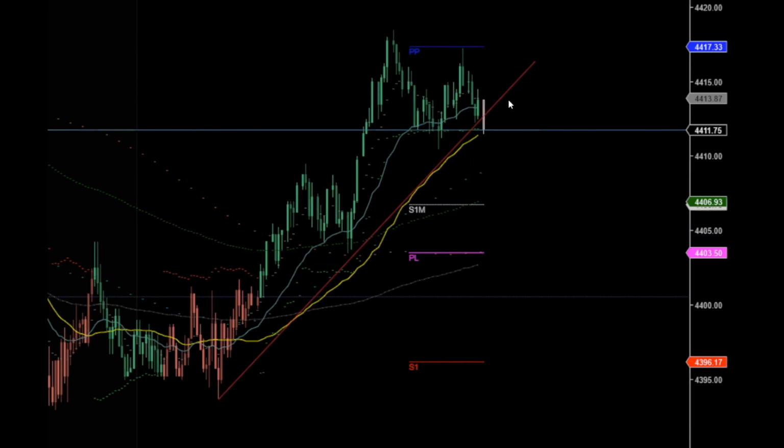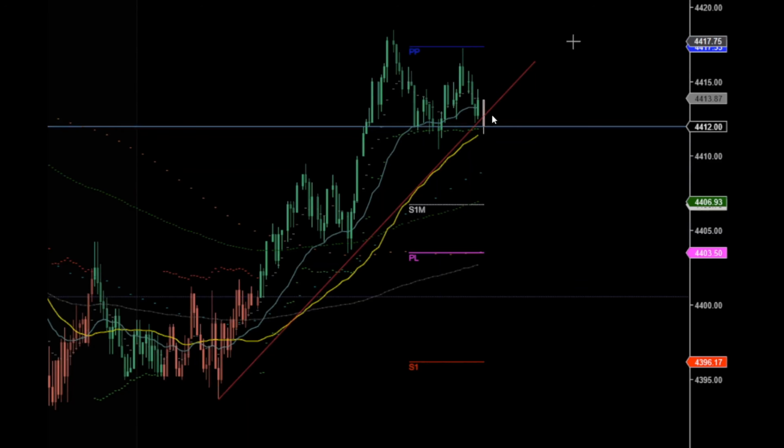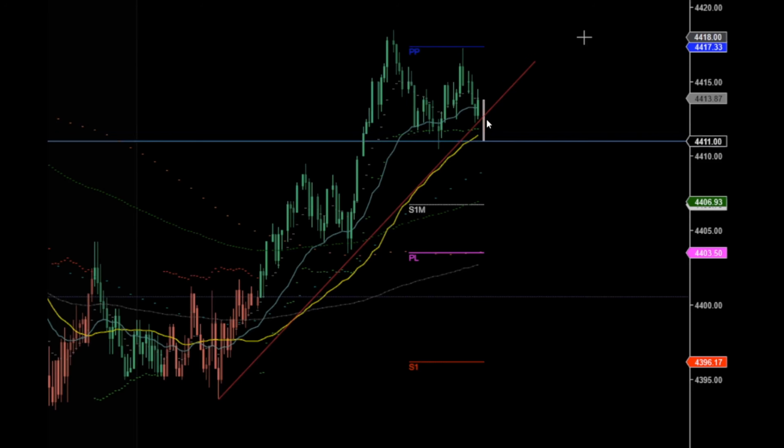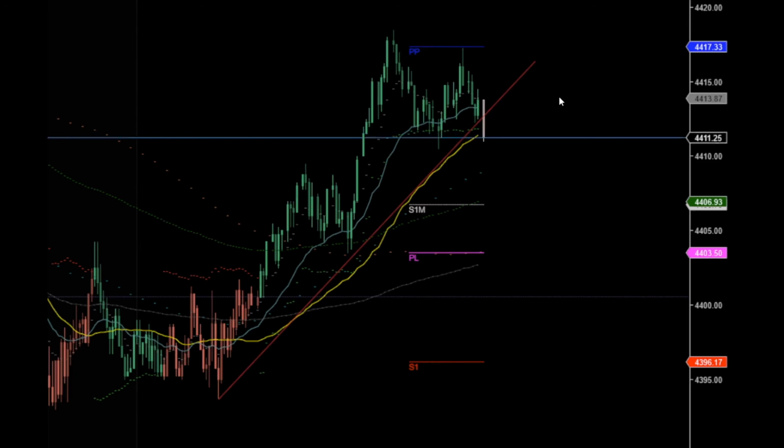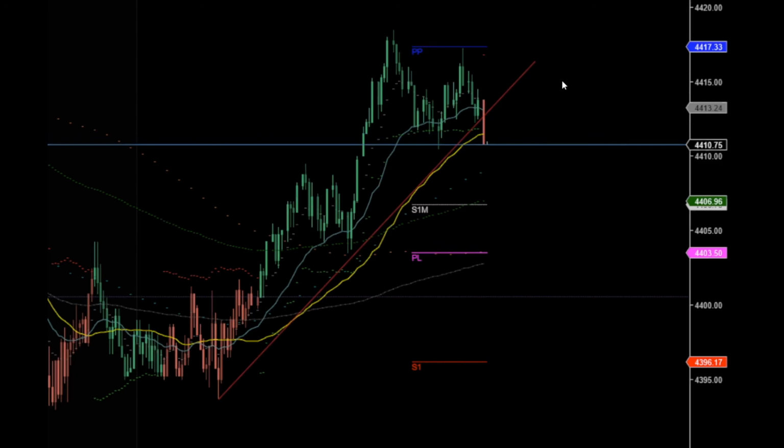And it's always better to wait for that bar. You can enter when it is breaking the trend line, but you will take more risk if you do that. Yes, you can enter early, but if you wait for that bar to close, then you can understand better what the price action is telling you.